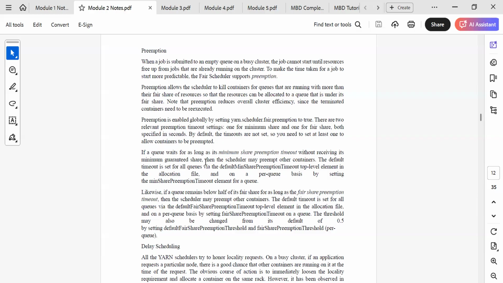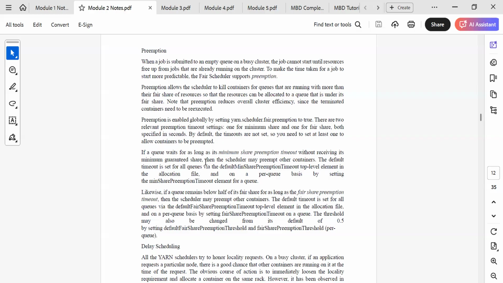Preemption is enabled globally by setting yarn.scheduler.fair.preemption to true. There are two relevant preemption timeout settings, one for minimum share and one for fair share. Both are specified in seconds.